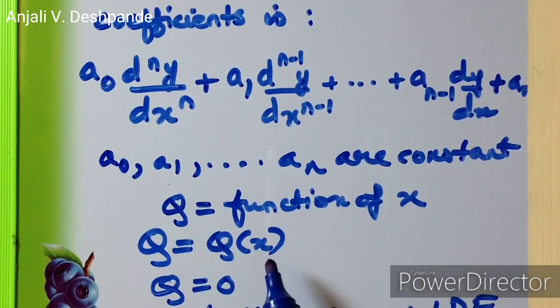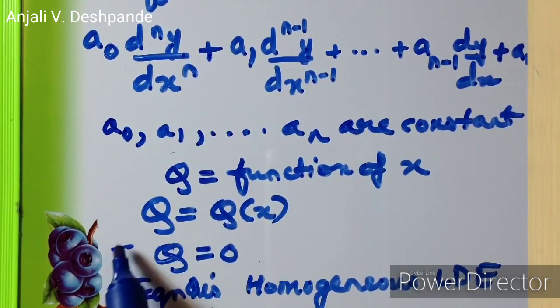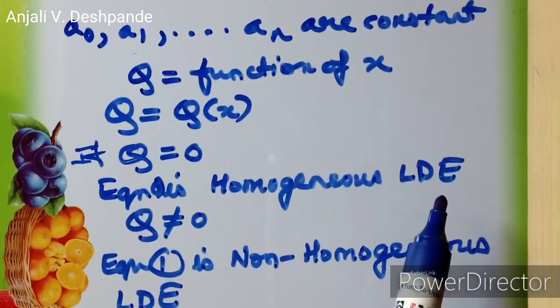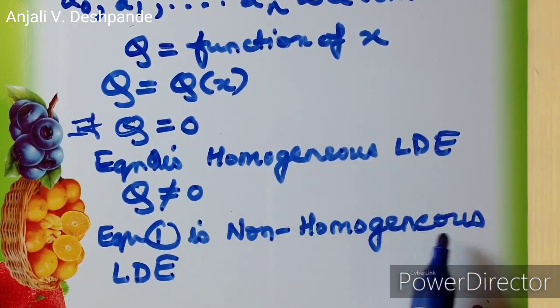Q is a function of x, so it can be written in this way. If Q is 0, then equation 1 is homogeneous LDE, and if Q is not equal to 0, then equation 1 is non-homogeneous LDE.